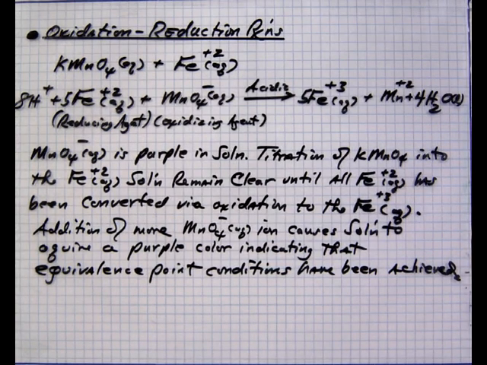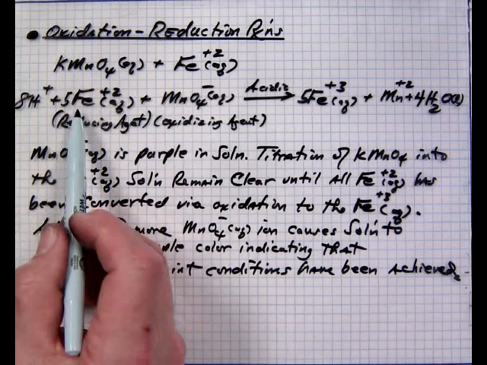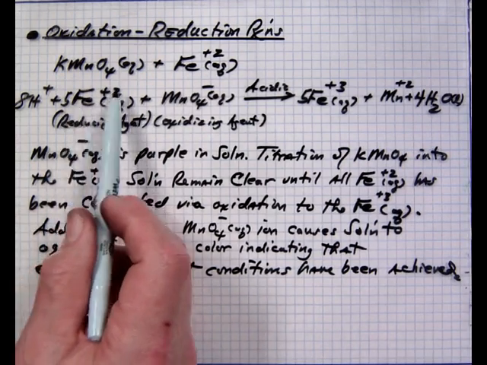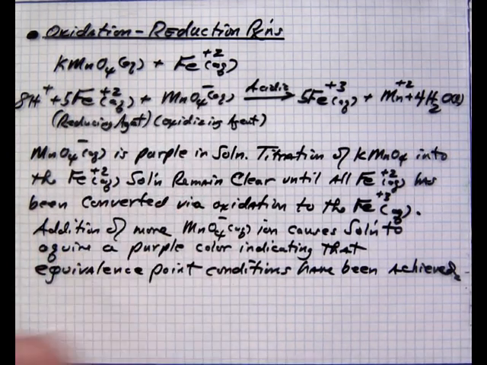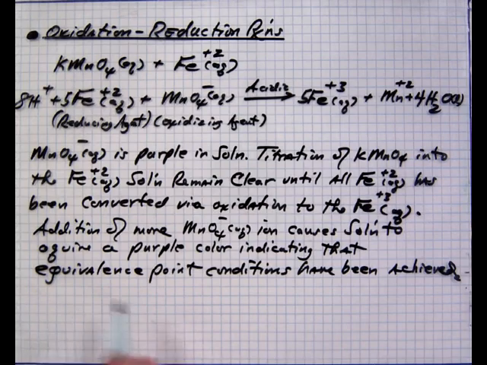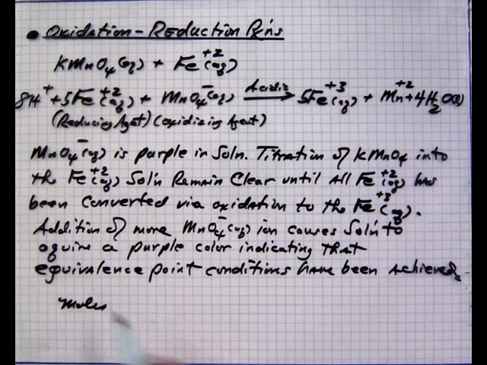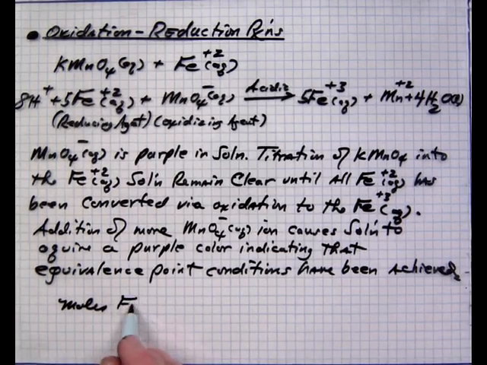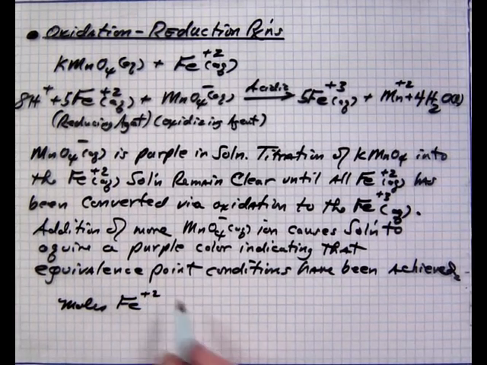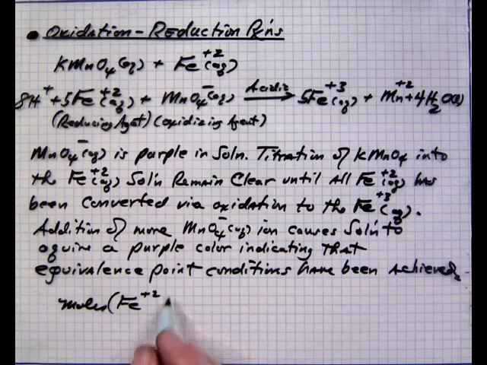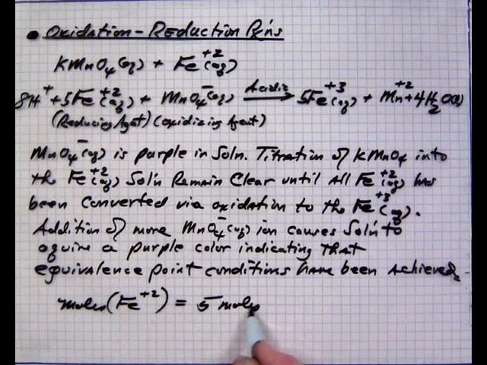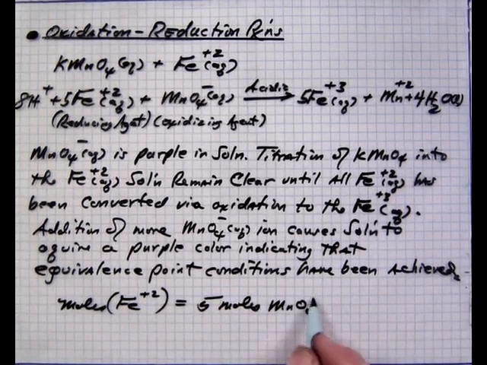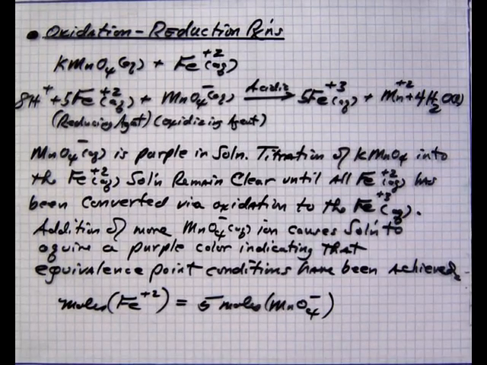From a stoichiometric standpoint, iron 2 is being converted at a rate of 5 times faster than the permanganate, and when you do stoichiometric analysis, you can essentially determine moles of iron +2 to +3 converted is equal to 5 times the moles of MnO4 minus, like that.